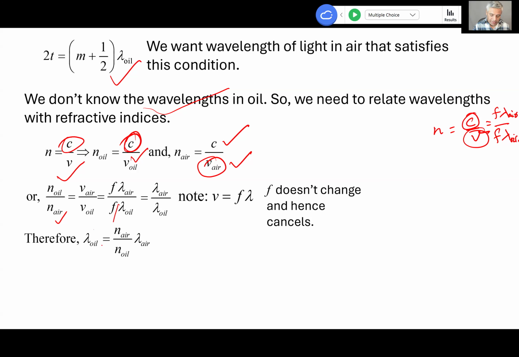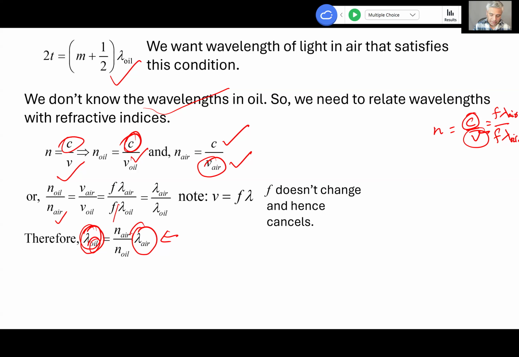So now I can write the wavelength of the light or the wave in the oil in terms of the wavelength in the air. See, wavelength in the air. So for example, let's say we look for the wavelength of red light, the number you see is for the wavelength of that light in air.